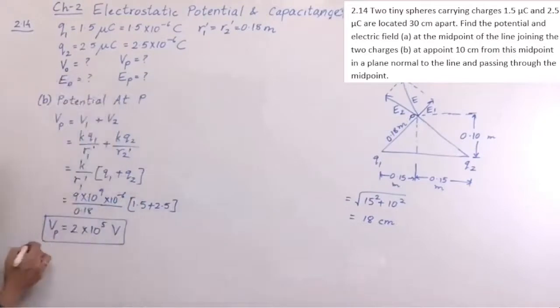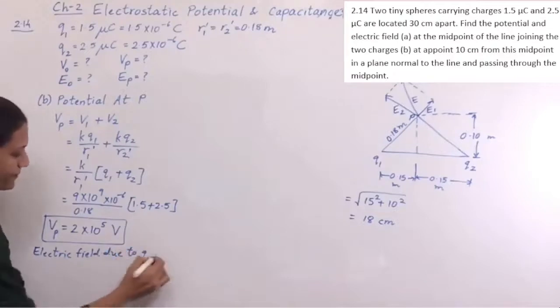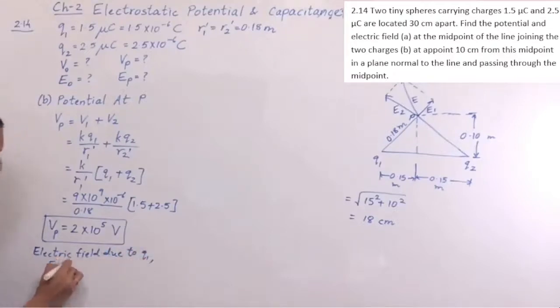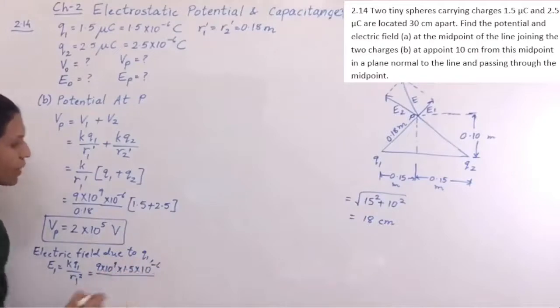So E1 and E2, electric field due to Q1 is E1 equals KQ1 by R1 square equals 9 into 10 raised to 9 times Q1, which is 1.5 into 10 raised to minus 6, upon R1, the distance 0.18, square.